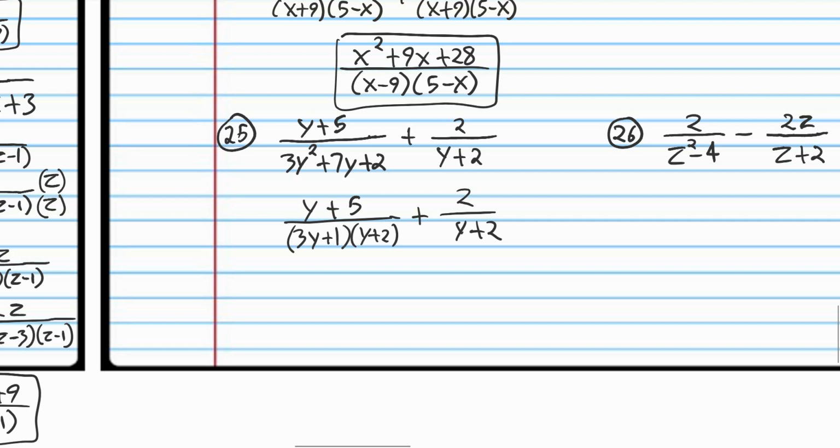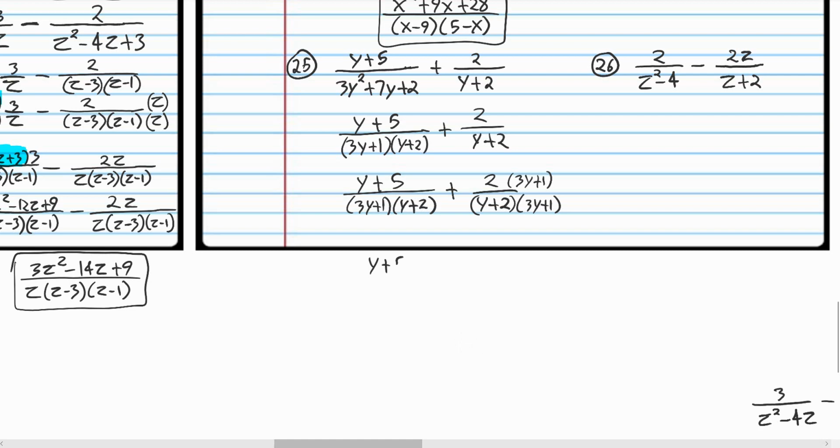Alright, so the first step we factored, and the second step now is to get a common denominator, so we're going to have to multiply both sides of the fraction on the right. So we're going to multiply both sides by 3y plus 1. So we'll just rewrite this.